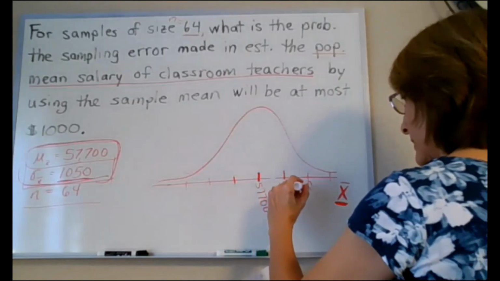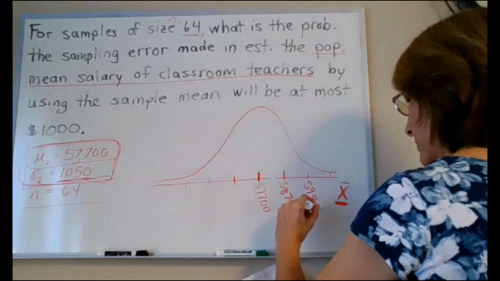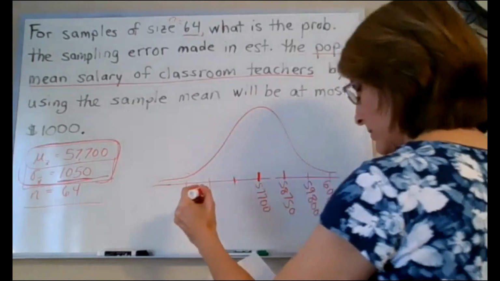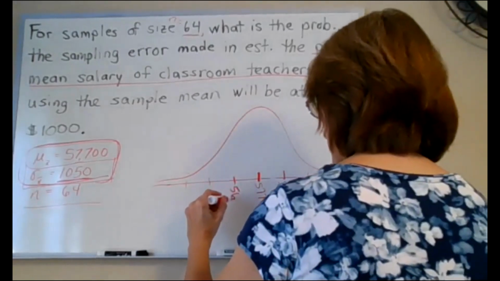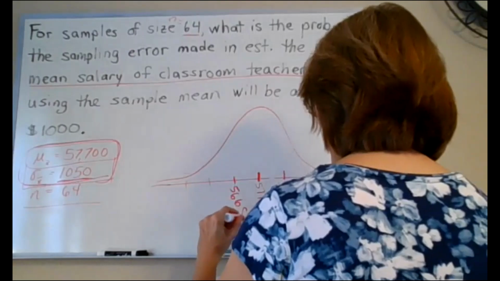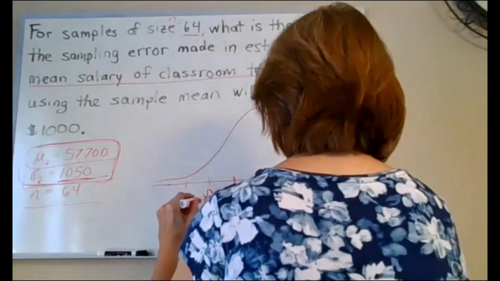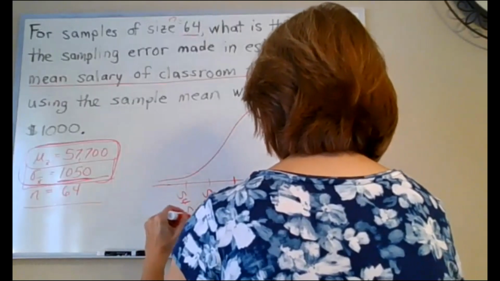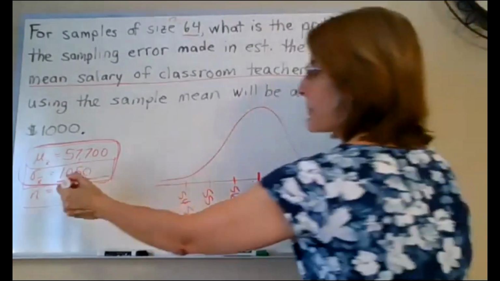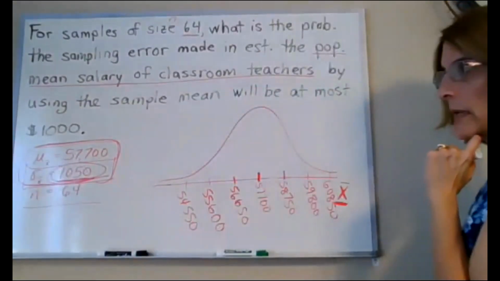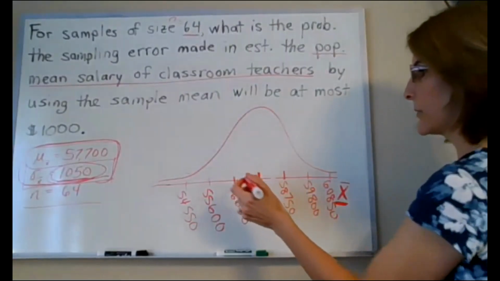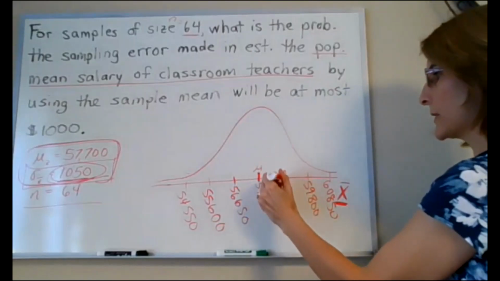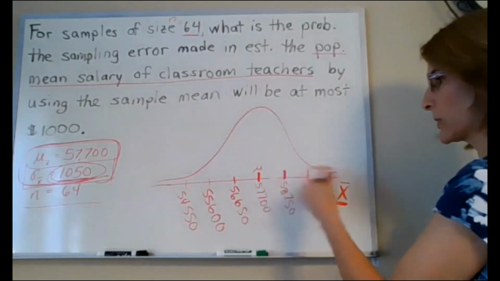Add another 1,050, I get 59,800, then 60,850. On the other side, 56,650, 55,600, and then 54,550. I got these numbers by adding 3 standard deviations above and below. Here's my mean, I add 1,050 to get this number, and add it again. That's where these numbers come from.